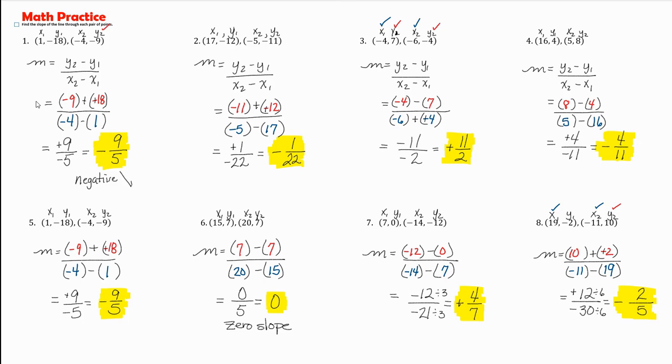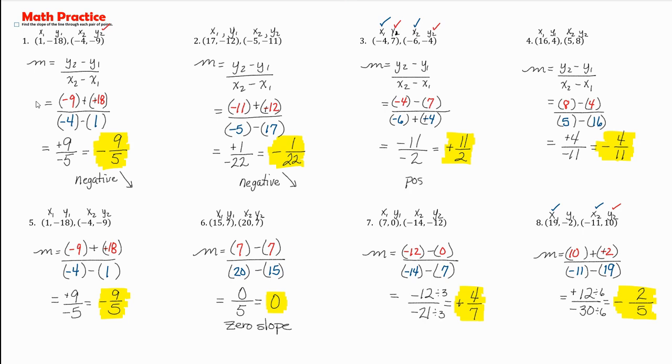And you're going to see that the line going from left to right on your graph is going to be going in a downward direction. Same thing here. It is going to be a negative slope because we have a negative fraction, and the line on our graph is going to go in a downward direction. Here we had both numbers being negative, but negative and a negative is a positive.